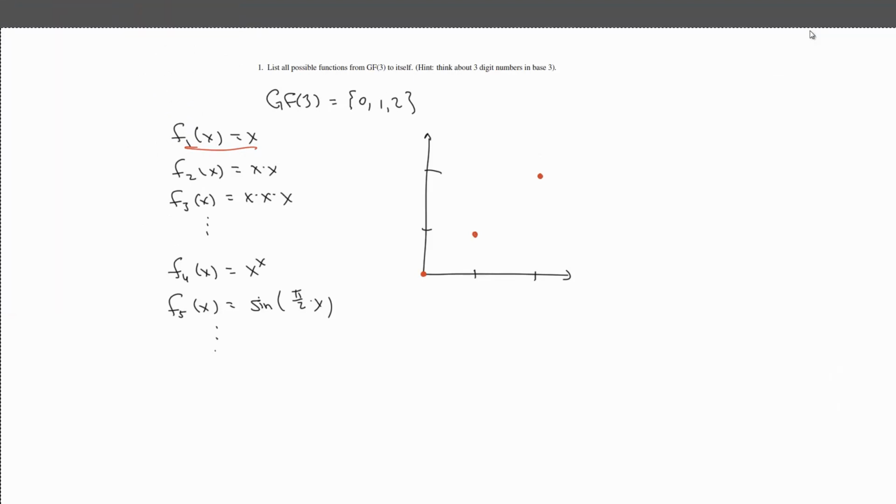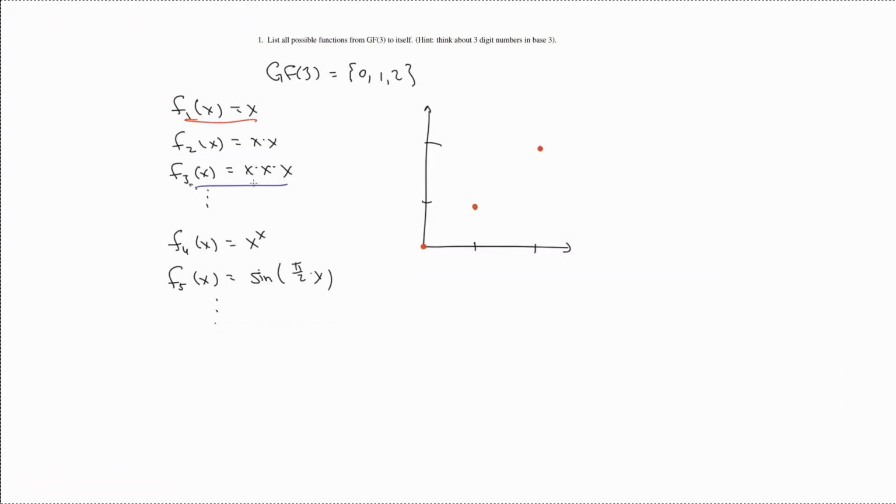Now let's try and plot x times x times x. Plugging in 0, we get 0. Plugging in 1, we get 1 times 1 times 1, which is 1. And plugging in 2, we get 2 times 2 times 2, which is 8, which is 2, mod 3. So from this graph, it is clear that these two functions are actually the same.